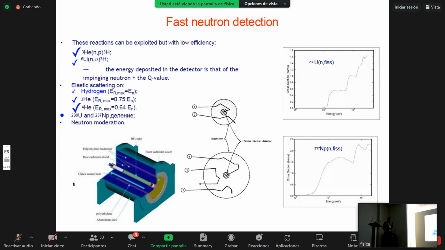This technique also allows you to detect and measure fast neutrons. There are some other reactions, but they are not frequently used either. You can use them, but it's not so conventional.